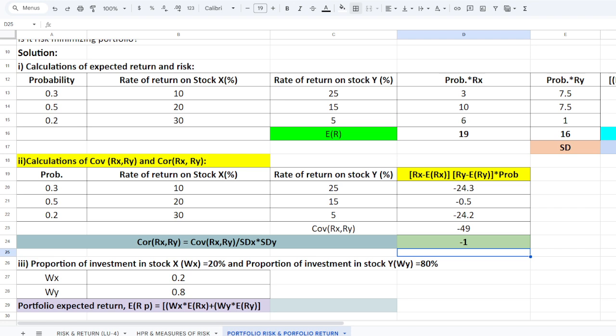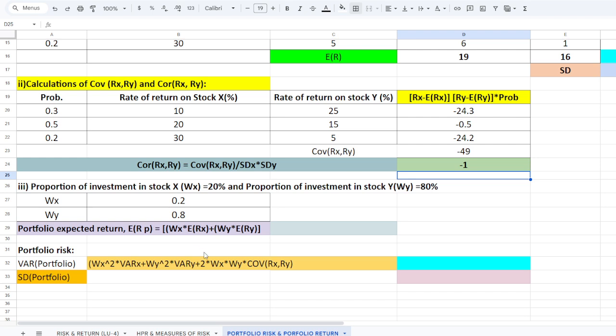Okay, that's -1, that is the correlation coefficient. Remember friends, when your covariance is negative, then no doubt your correlation coefficient will also be negative. But it states your relationship between X and Y stock: there exists a perfectly negative relationship, I mean to say that.